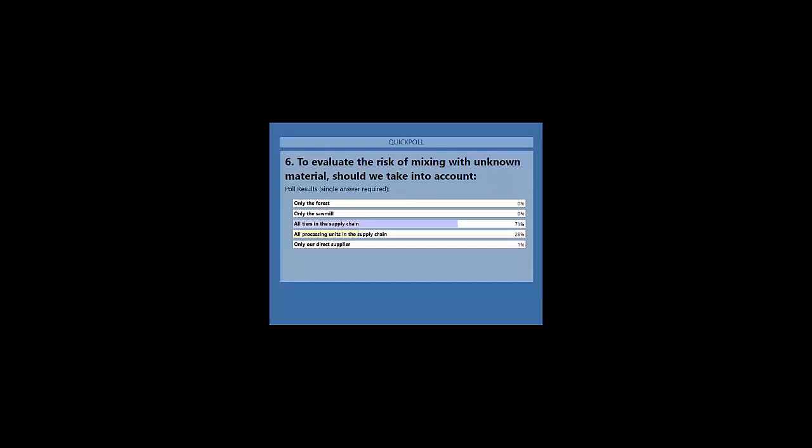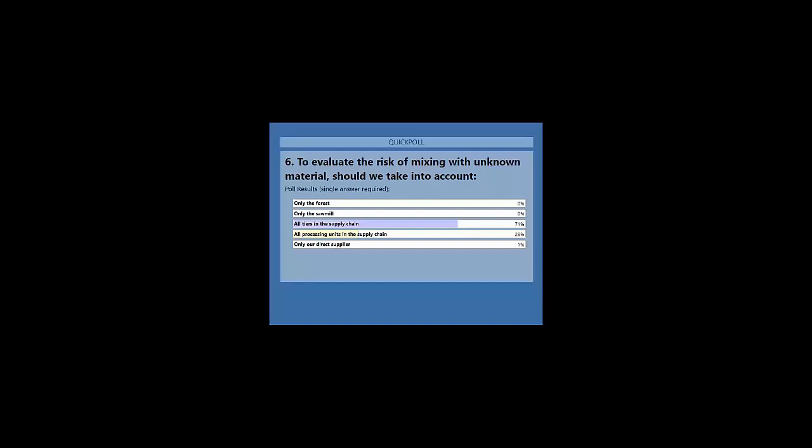Well, this is where it was a bit of a trick, but even a trader which is taking physical possession of the material without doing any kind of transformation could mix products, right? If it's a trader that's trading sawn timber, for instance, well, they could mix sawn timber pretty easily. So yes, all tiers in the supply chain must be taken into account.